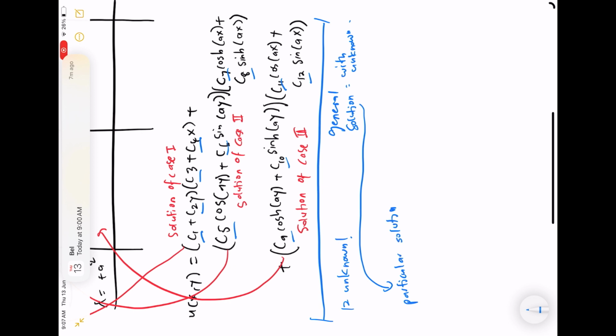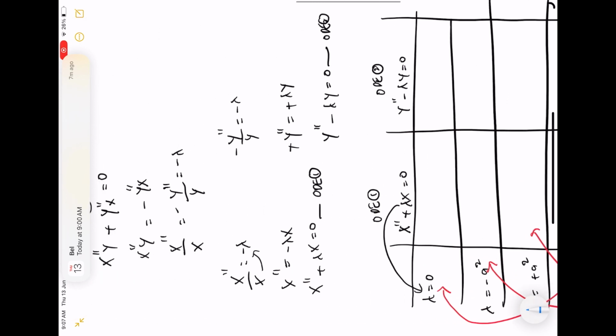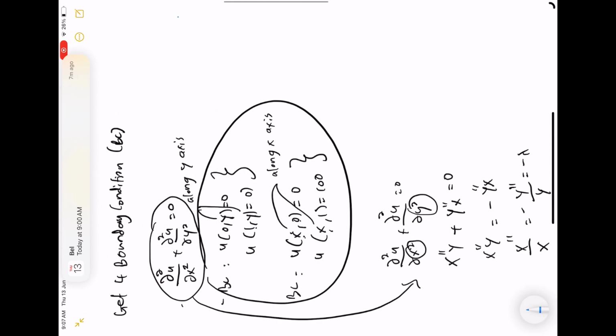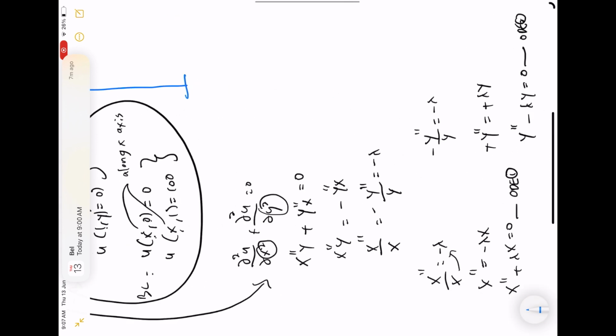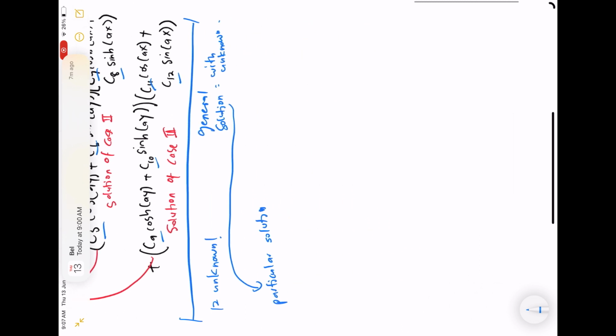So we can use all these boundary conditions that we found just now. So we have boundary condition number 1, which is u(0, y) equal to 0, and then boundary condition number 2 is u(1, y) equal to 0.